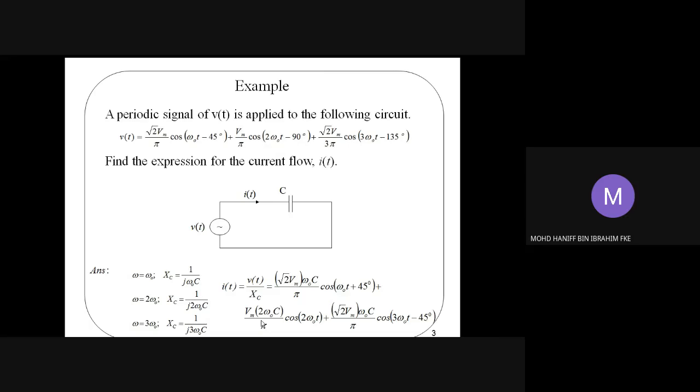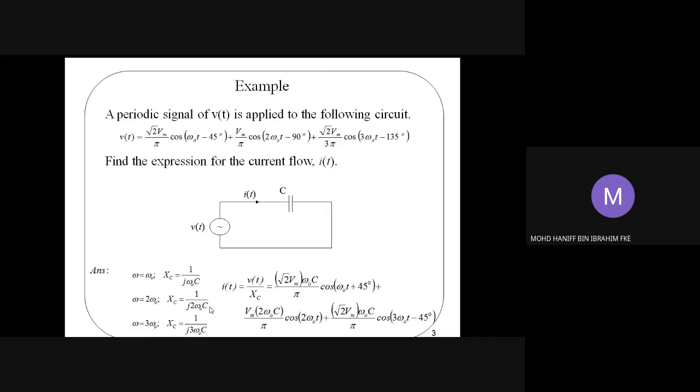So we're going to have Vm over pi multiplied by 2 omega naught c, right? And because the phase is negative 90, this will become negative 90 also. So negative 90 divided by negative 90, you're going to have 0. So there should be no phase, as a result of the cancellation.